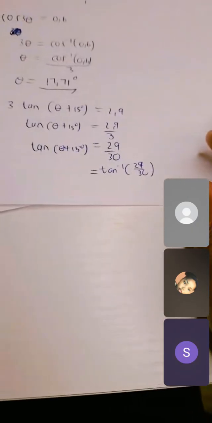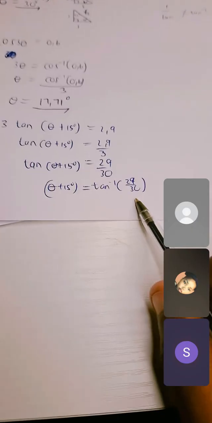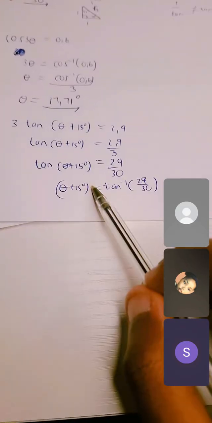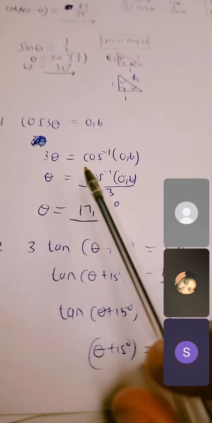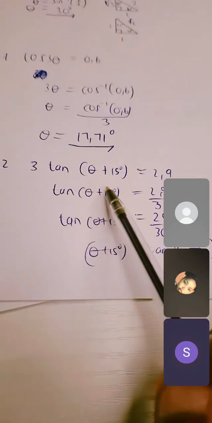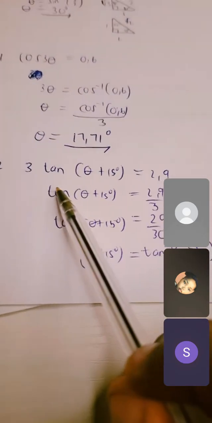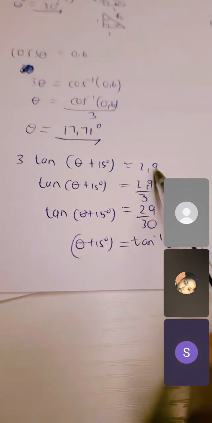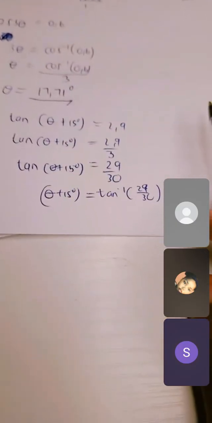Then you leave the theta plus 15 degrees on the left-hand side. We evaluate this with arc of tan, then we transpose the 15. So anything that's related to the angle, we have to leave on its own whilst taking the trig ratio's inverse on the other side, arc of whatever the trig ratio is.